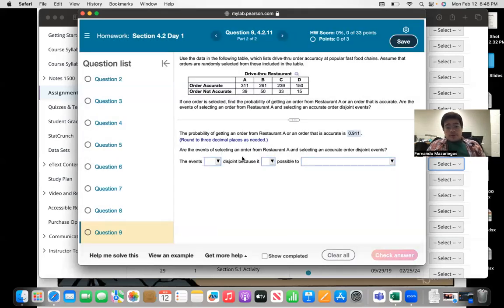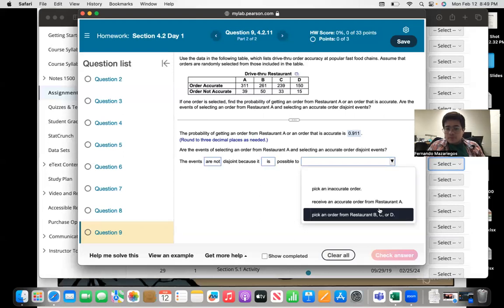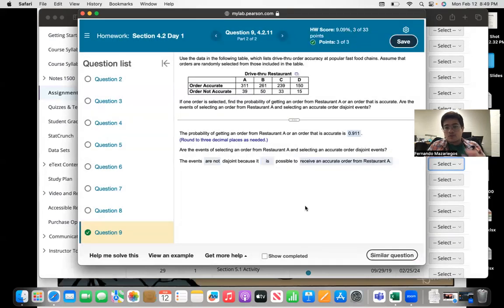And then, are the events of selecting an order from restaurant A and selecting an accurate order disjoint events? The events are not disjoint because it is possible to receive an accurate order from restaurant A. Remember, disjoint means that if one occurs, automatically the other one cannot happen.